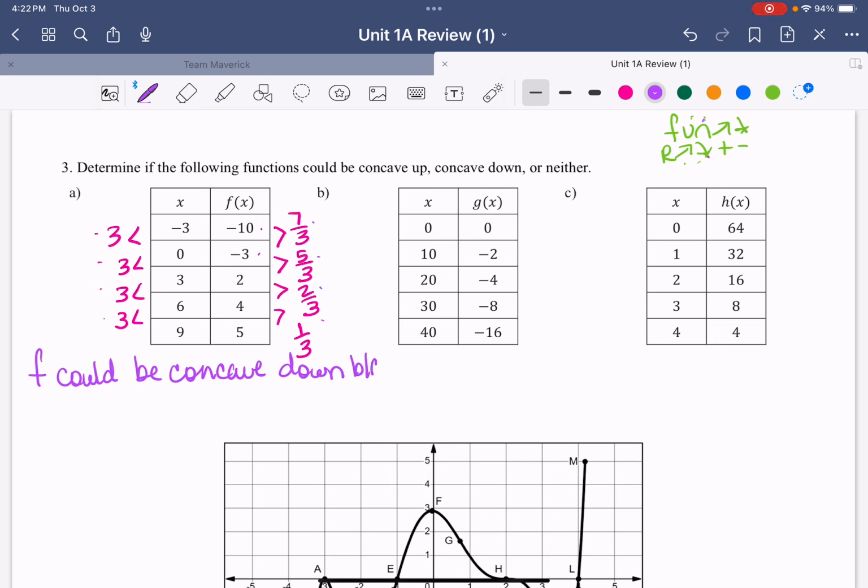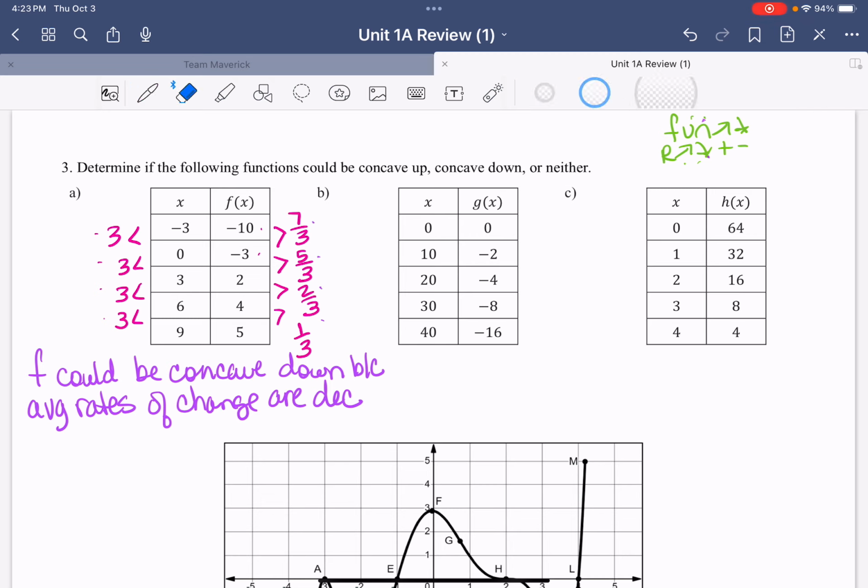because average rates of change are decreasing, oh, average rates of change, sorry. Okay, erase, thank you.